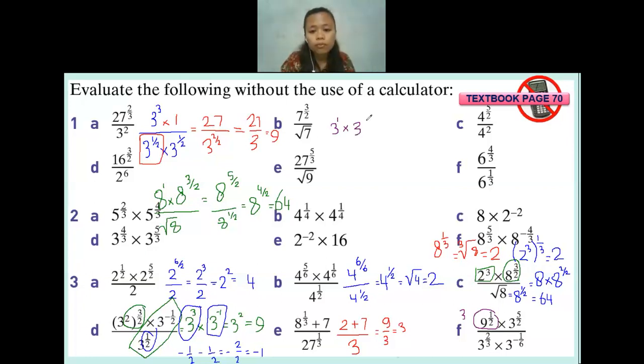So now we will have 3. If it's only 3, so it means 3 to the power of 1 times 3 to the power of 5 per 2, divided by 3 to the power of 2 per 3 times 3 to the power of 1 per 6.